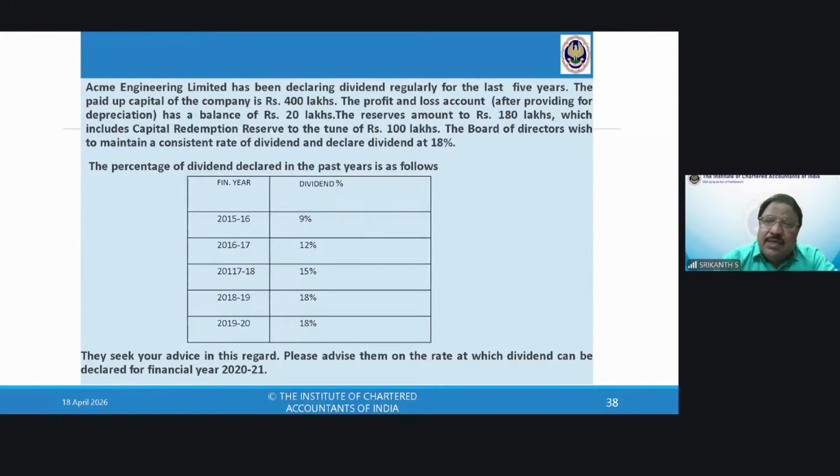So please understand there are three conditions. What is the first condition? Rate. The rate of dividend should be maintained at the average rate of dividend declared during the immediately preceding 3 years. So we are now in 2021. So immediately preceding is 1920, 1819, 1718.